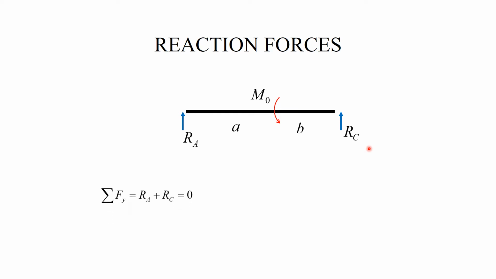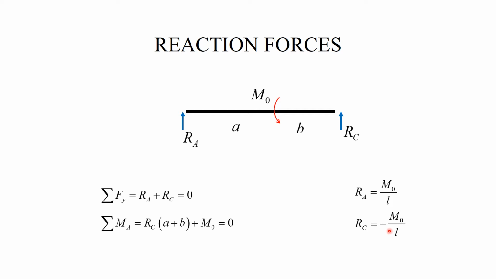Then we write the sum of the forces in Y and the sum of the moments about A. I want to draw your attention that here we have A plus B, which is of course L. And as a result, we obtain the following answers for the reaction forces.